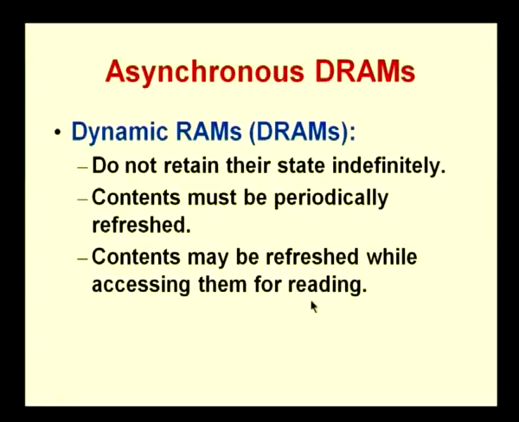What is it that makes a dynamic RAM lose its data periodically? If you look at the dynamic RAM structure, each cell is actually just a simple capacitor. You will have a capacitor and one transistor to sense the state of the capacitor. When you say I am storing a value of 1, it is just charging the capacitor. As long as the capacitor holds that charge, it is holding the value stored there.